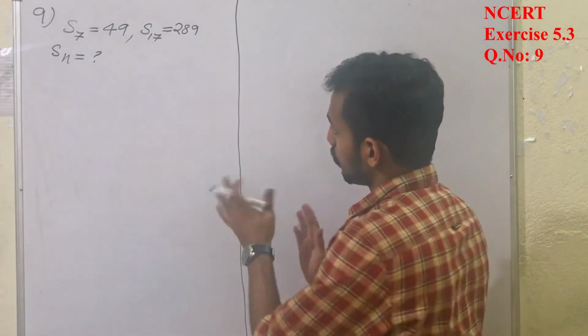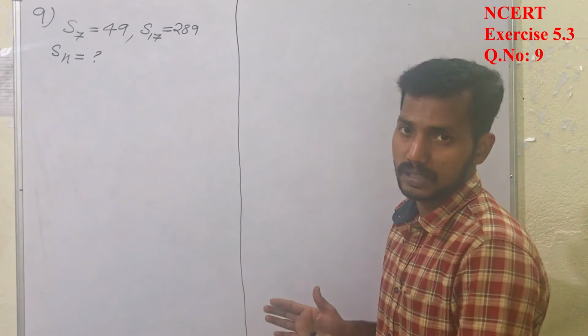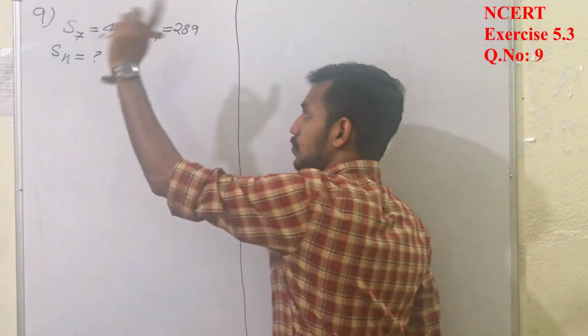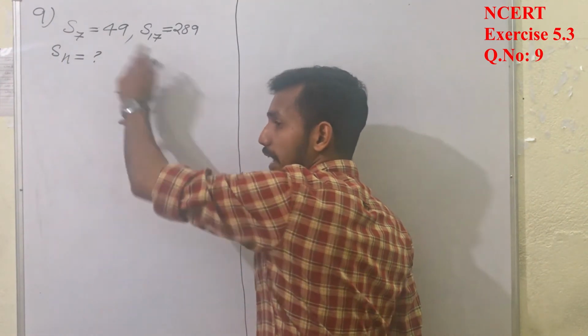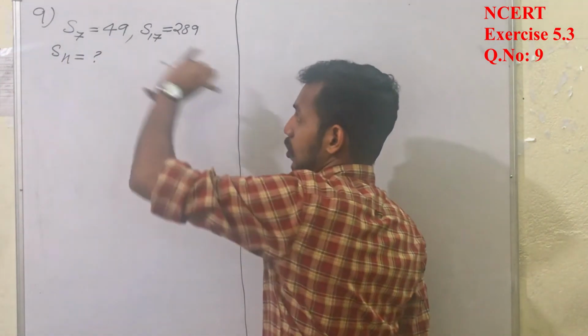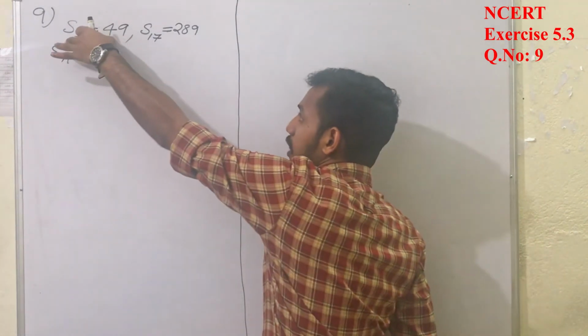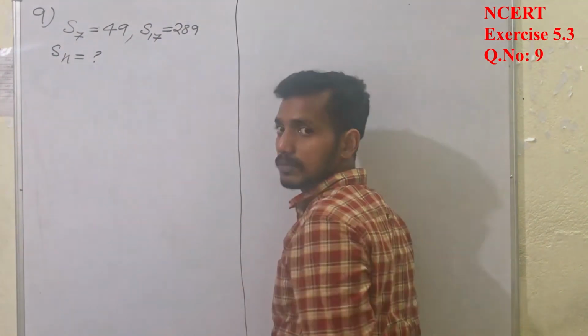In the general form we have to find it. Like that we have discussed in case of sum of first n odd positive integers, even integers, like that. So to find the sum of n terms in general in terms of n, we need to get a common difference and first term. So by using these two conditions given in the question, we need to find the first term and common difference.